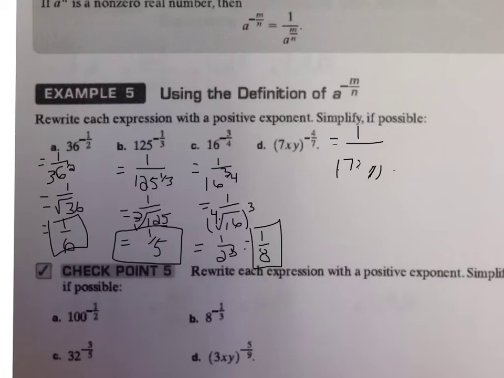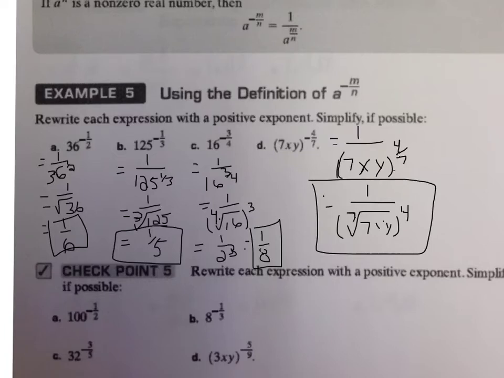And we can write that as a radical. It would be 1 over the 7th root of 7xy all raised to the 4th power. And that would be our answer. That's as far as we can go, because we can't take the 7th root of a 7 or the 7th root of x or the 7th root of y.